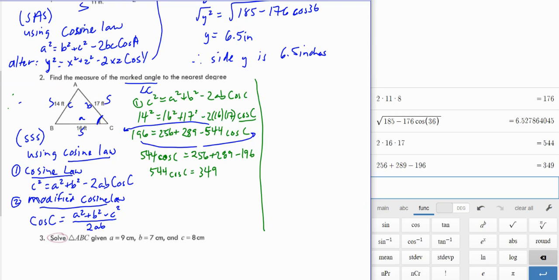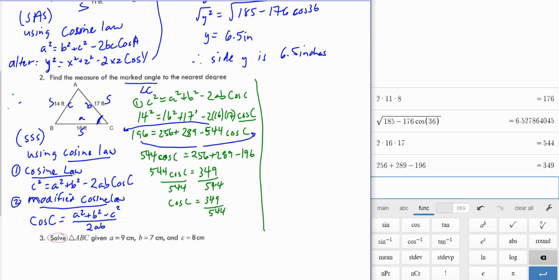All right, and so we need to divide both sides by 544 so that we get cos all by itself. So I'm going to have cos C equals 349 over 544. Remember, to find an angle from a ratio, we need to get the ratio and then use the second function.